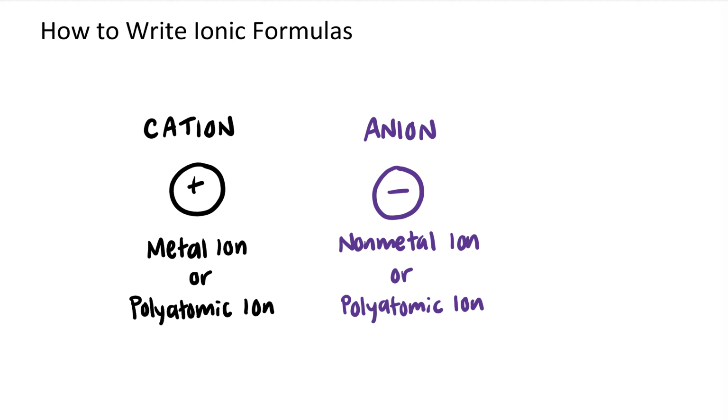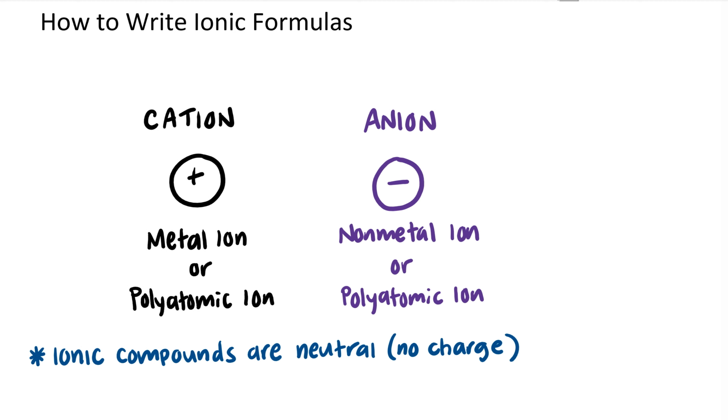We do have to use the charge of the cation and the anion to figure out the correct ionic formula. And there's one general rule we have to follow when writing ionic formulas: ionic compounds are neutral, which means there is no charge to the compound.